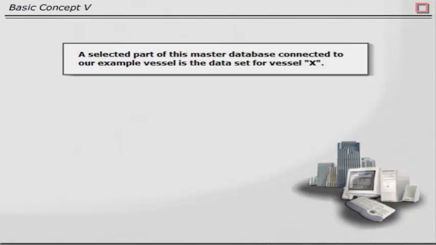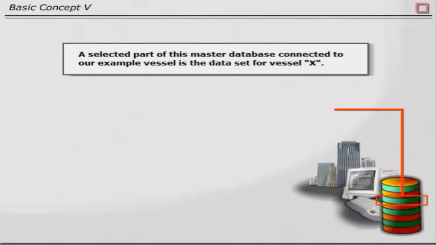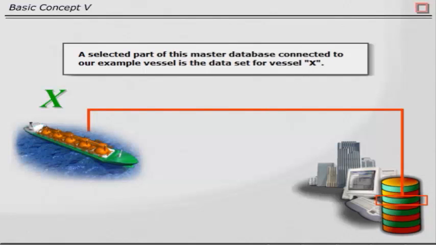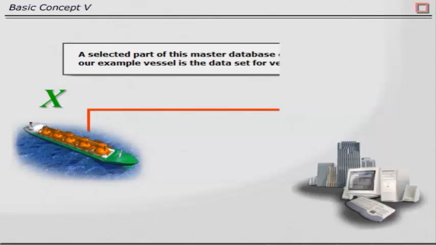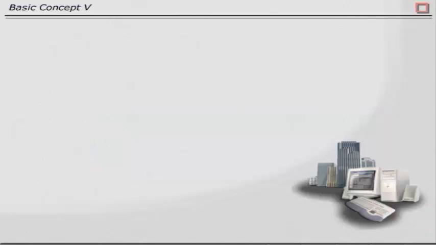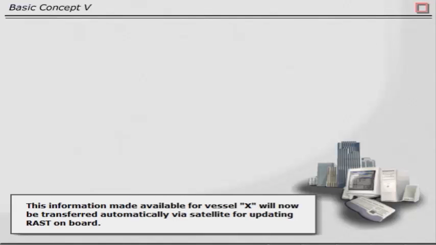A selected part of this master database, connected to our example vessel, is the data set for vessel X. This information made available for vessel X will now be transferred automatically via satellite for updating RAST on board.